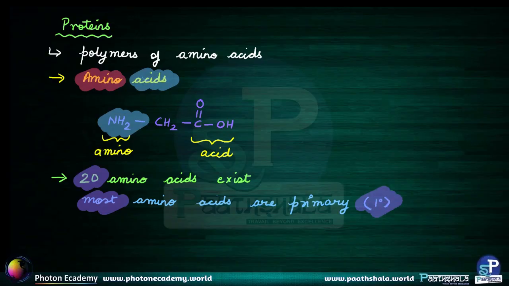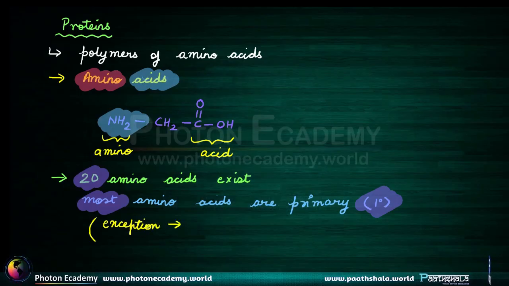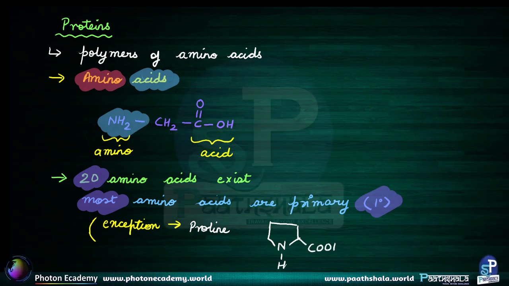But there are always exceptions to the rule, and here we have one such exception, which is proline. The structure of proline is something of this sort: N connected to an H and COOH. So it has both the basic and the acidic groups present, which is very important for amino acids.